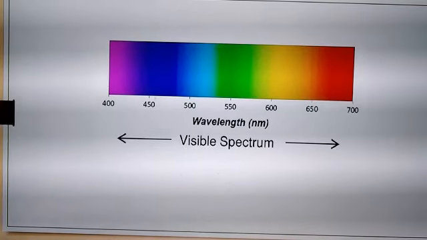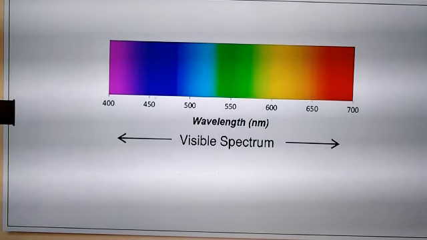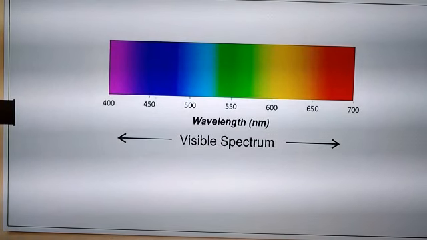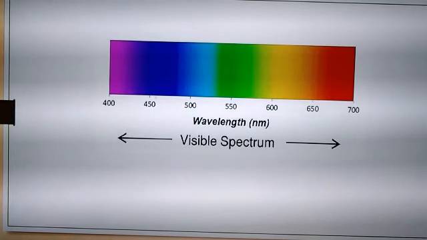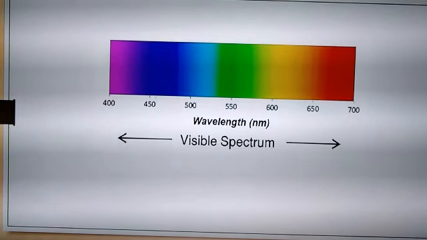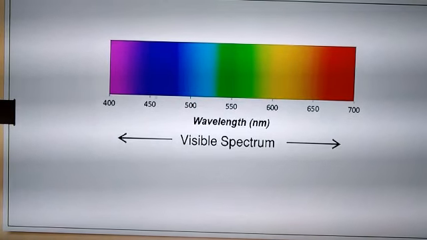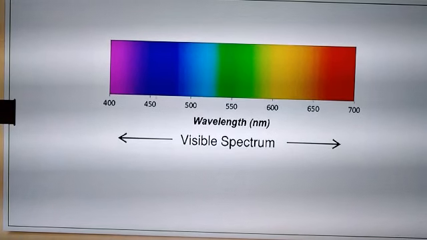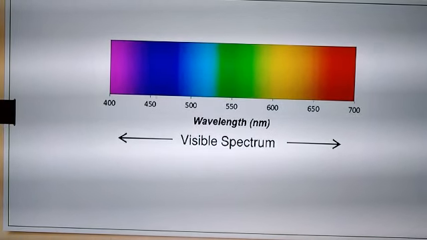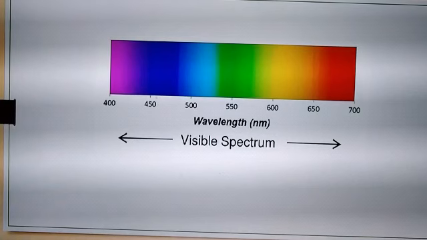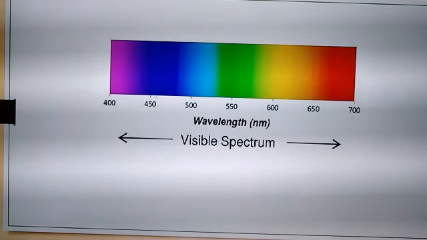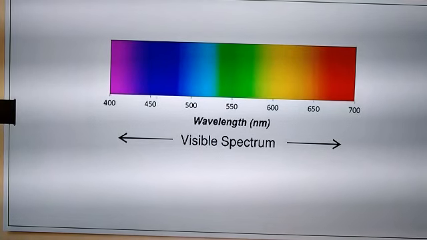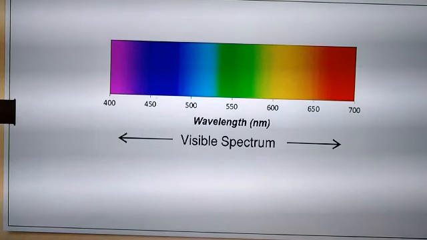The sun gives out different kinds of rays like infrared rays, gamma rays, radio waves, visible rays. So this is the visible spectrum that you can see in the image. This is the part of light which is visible to us, and this visible light has a wavelength of about 400 nanometers to 700 nanometers.